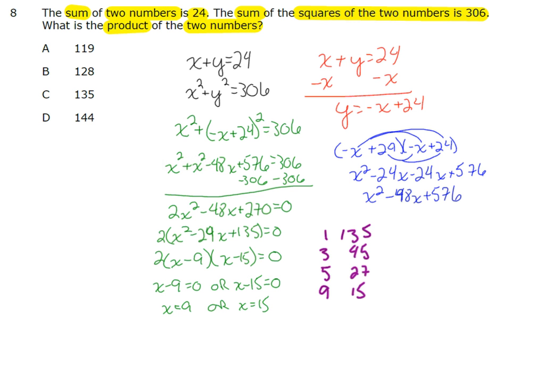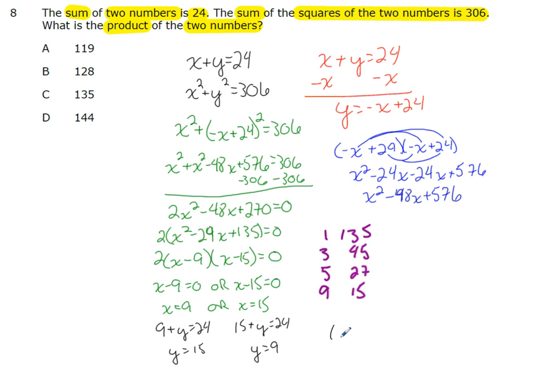So I get two different things here, and I've got to check and see which one will work. I need to find my y values for both of them first. If I plug this one back in for x up here, 9 plus y is equal to 24, I figure out that y has to be 15. Here, if I plug in 15 for x, 15 plus y is equal to 24, then in that case, y would have to be 9.